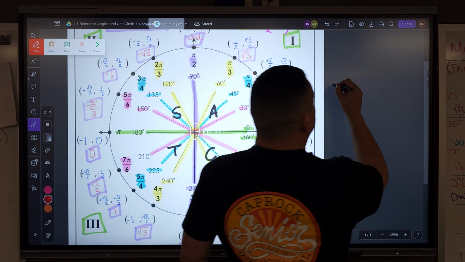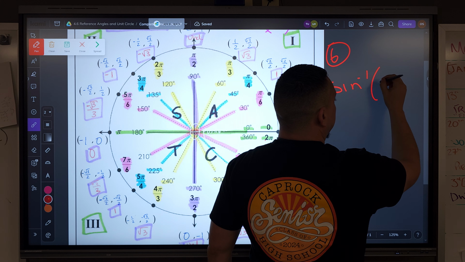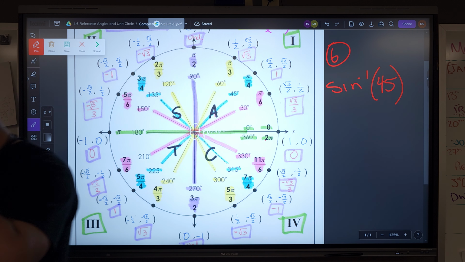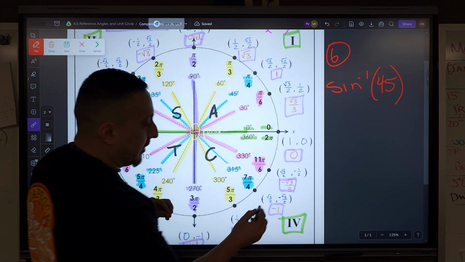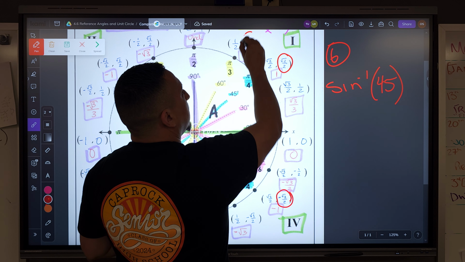Okay, inverse sine, I think this is 6, of, let's do 45. This is kind of a trick question. What I want you to do real quick, because you have to see it for yourself, is evaluate these kinds of numbers on your calculator.